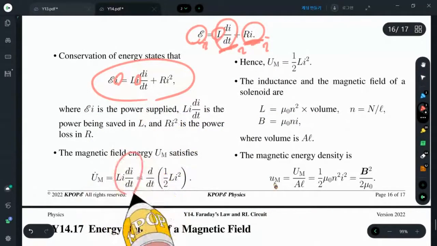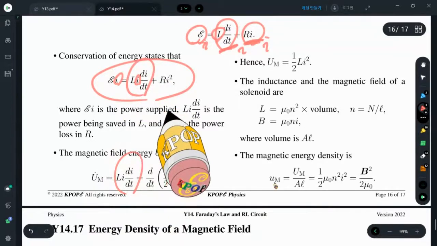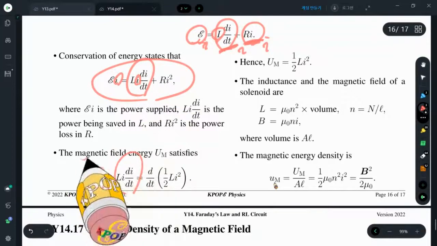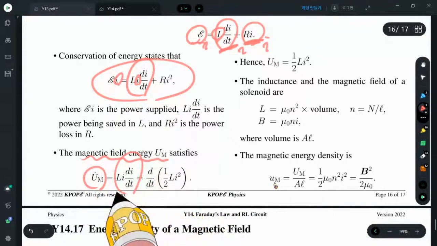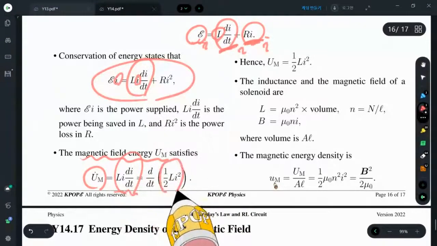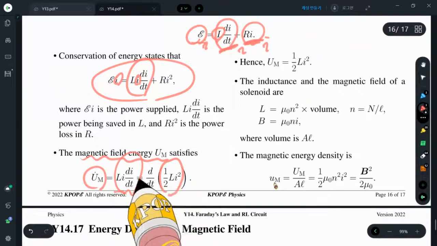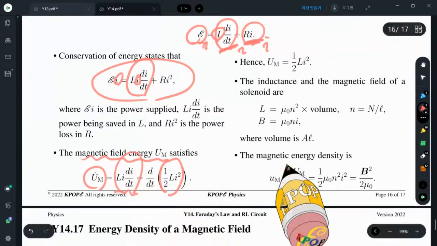And that is magnetic field energy. So, just like kinetic energy, magnetic field energy can be defined like that. Its time derivative is this one.